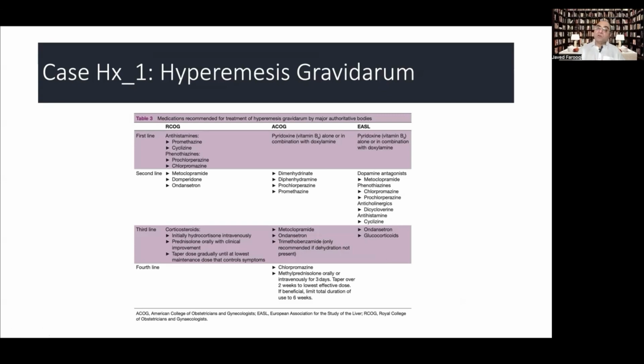So as a last resort, glucocorticoids have been used in treating hyperemesis gravidarum. So these are the three world societies, and they mildly differ in the first line, second line, third line, and the American College of Obstetricians and Gynecologists have kept even fourth line drugs as well. You can find these in the guidelines, but the point is that the mainstay is to control the emesis and the vomiting.